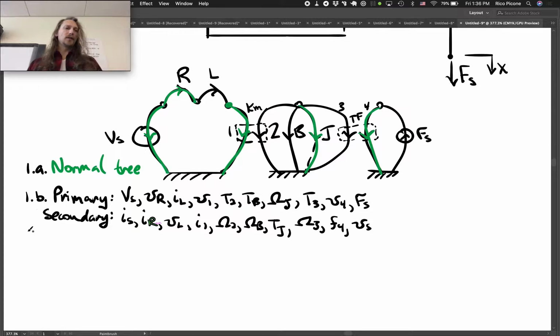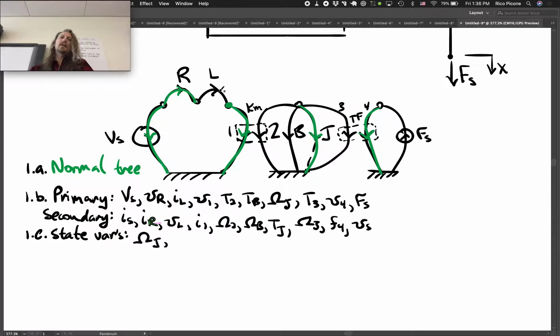All right, so C, state variables. We're looking for A-type branches. J is our only A-type branch, so it's a cross variable as a state variable, omega J. I'm looking for T-type links.